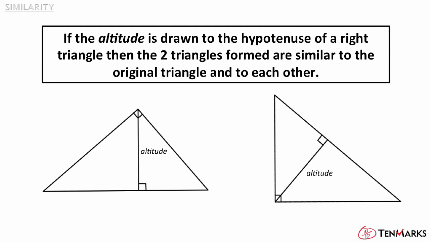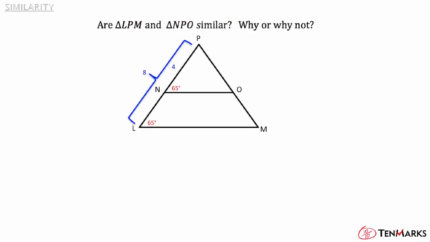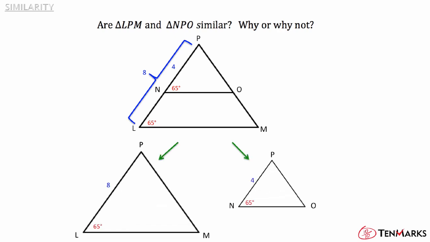Okay, one last problem. Are triangles LPM and NPO similar? Why or why not? Since the triangles are overlapping, draw them separately to give you a better understanding of corresponding sides and angles. Notice you have 2 measurements for one set of corresponding sides, but unfortunately that's not enough information. So let's look at the angles.